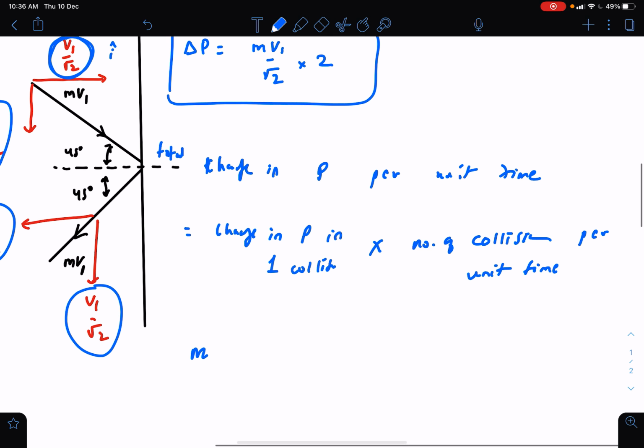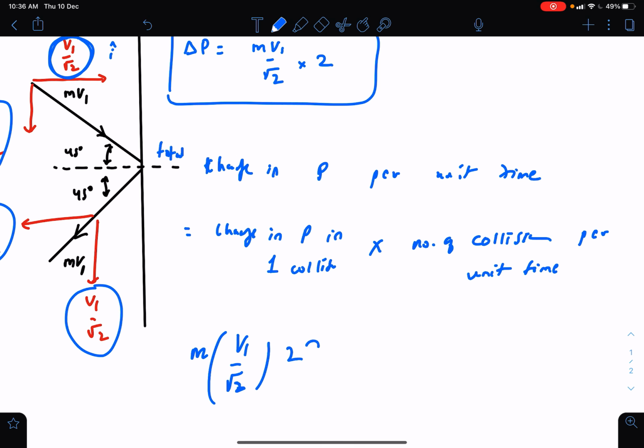So m v1 by root 2 into 2 is the change in momentum in one collision, multiplied by how many such collisions are happening per unit time. Let's call it x, and that is equal to the total change in momentum per unit time, which is the rate of change of momentum.